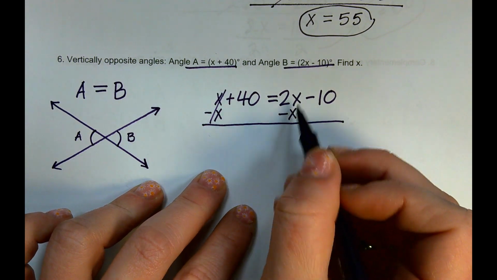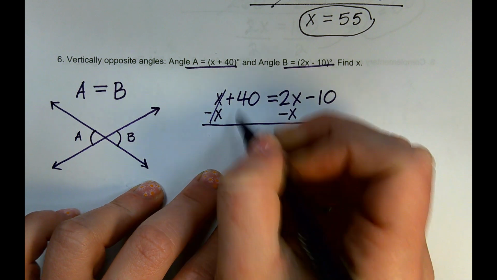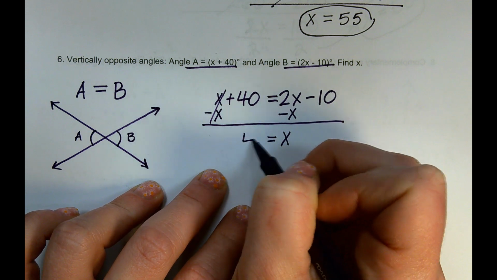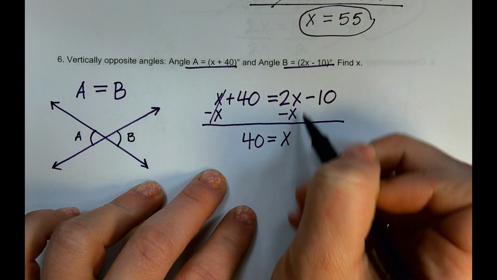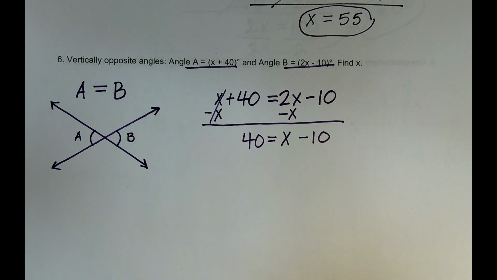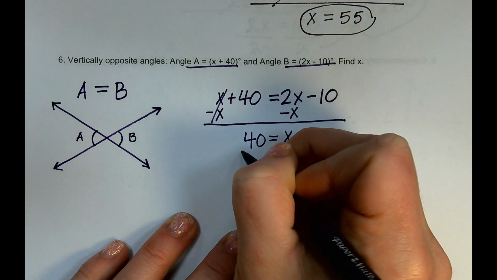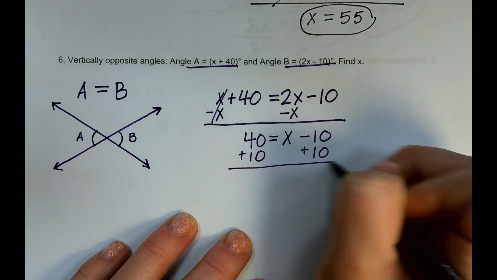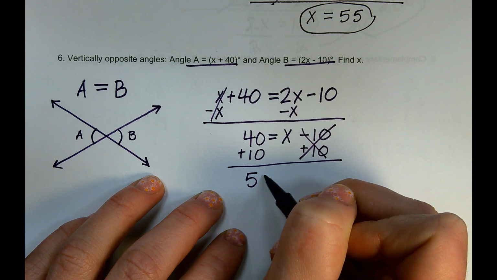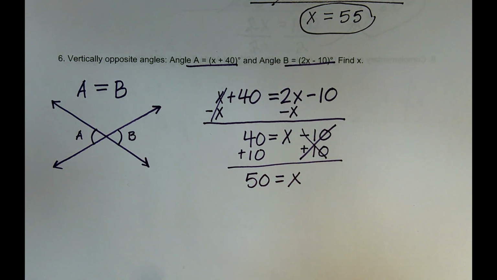So 2x minus x is x. So we have x by itself. I'm going to bring down 40 equals x minus 10. Add 10 to both sides. Good. Imagine if you hadn't taken algebra first. This is like crazy stuff to learn, and it probably feels a lot easier now.